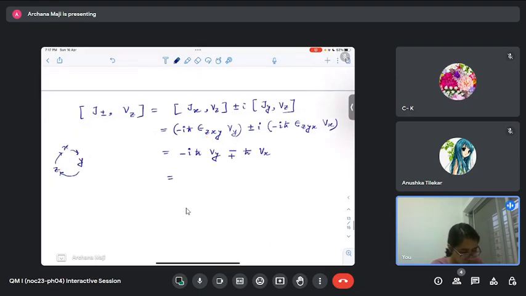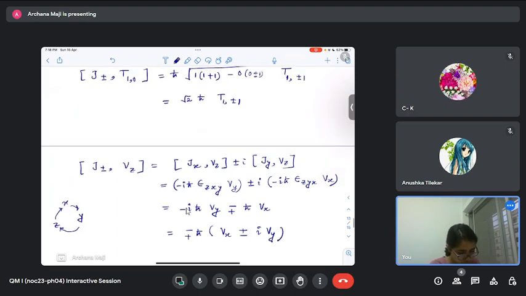We can take common minus plus h cross and it becomes Vx plus minus i Vy. Okay, so now we can compare.